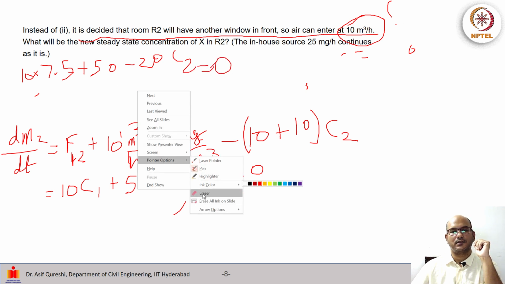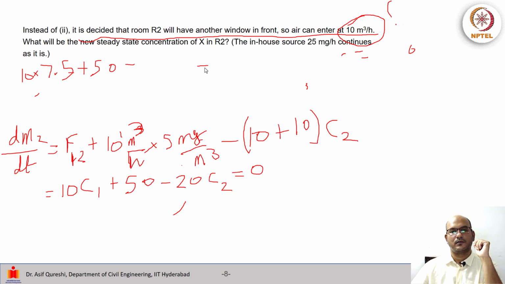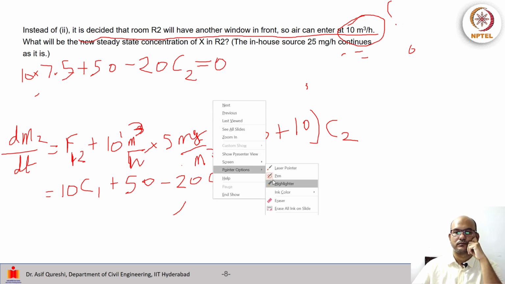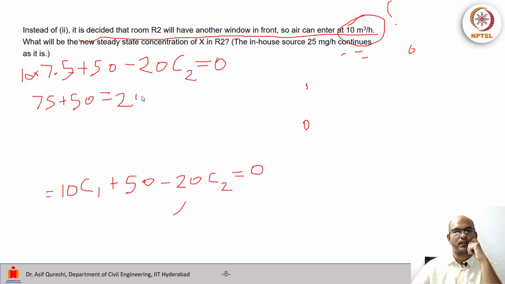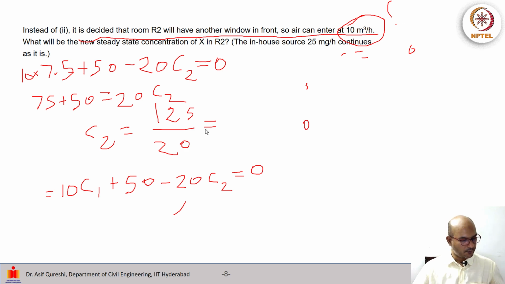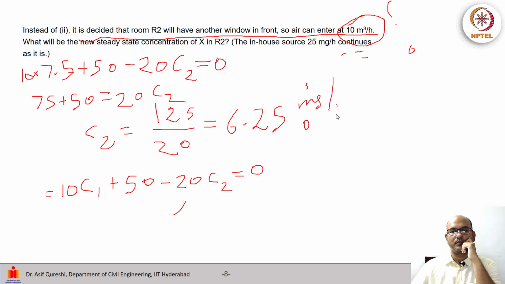I'll just rewrite this. Equal to 0. So we have 75 plus 50 equal to 20 C2, or C2 is equal to 125 by 20, which becomes 6.25 mg per meter cube.